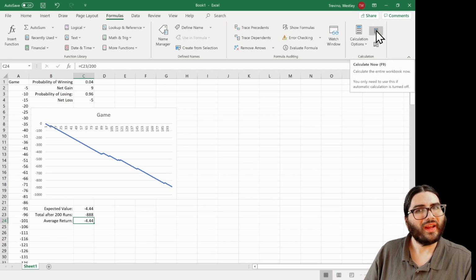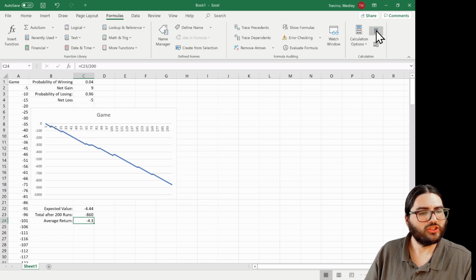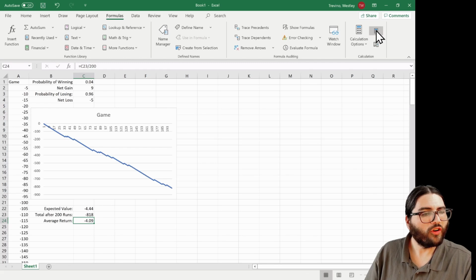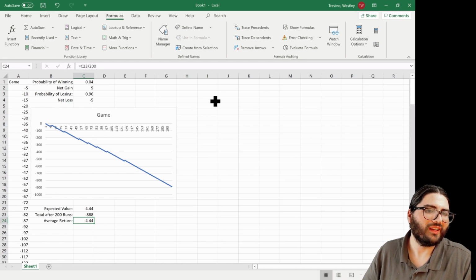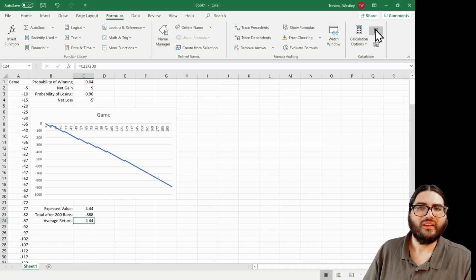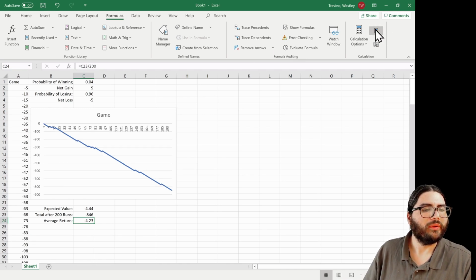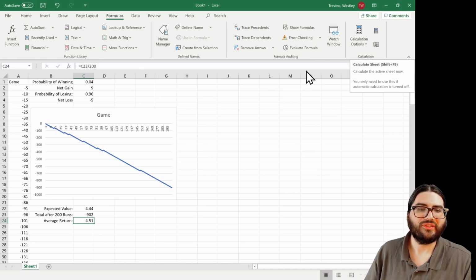But because of the randomness involved, that can change a little bit. Every time I click the calculator button to rerun my experiment, this expected value changes a little bit. Never that far from -4.44, but still never exactly 4.44. Oh, there's one that's exactly 4.44. Sometimes you just get lucky. But I'm never too far away from it. That's just the randomness.